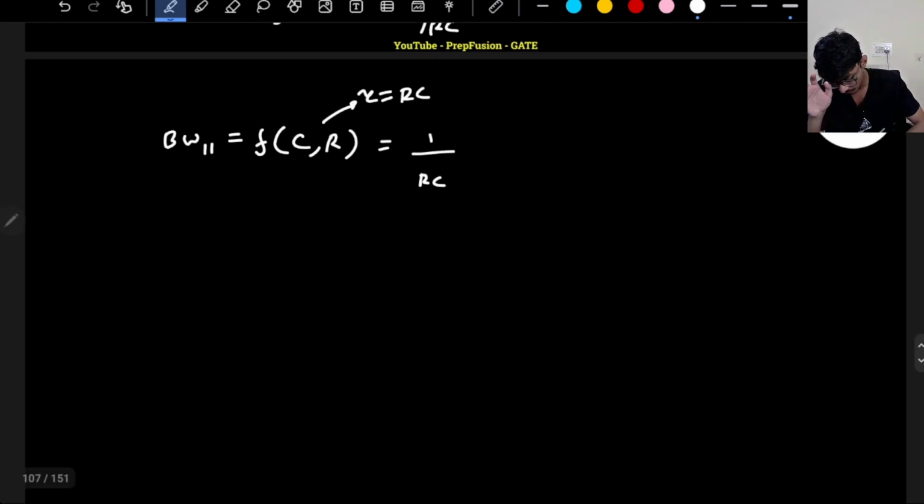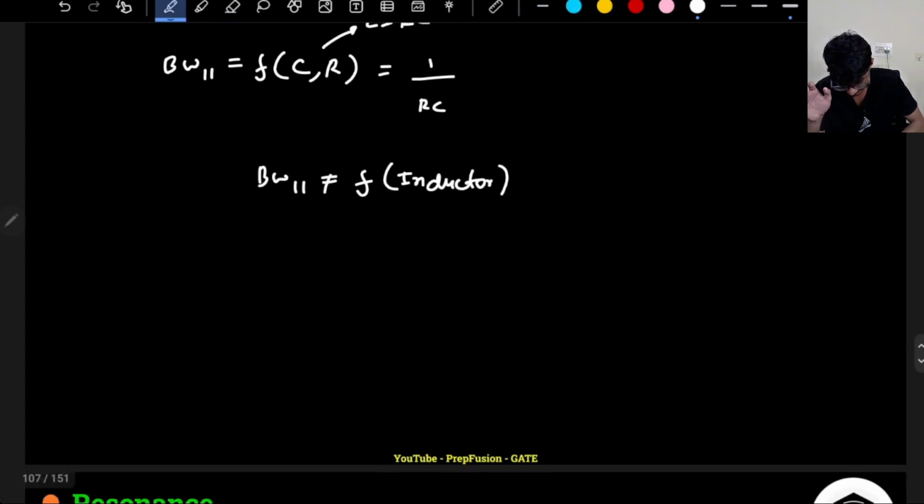So remember, for a parallel circuit, my bandwidth will not be a function of inductor. For a series circuit, the bandwidth will not be a function of capacitor.